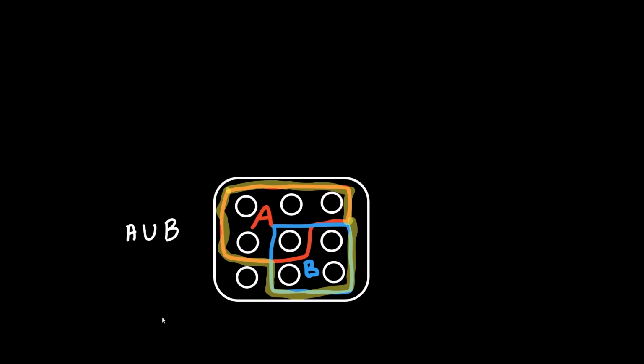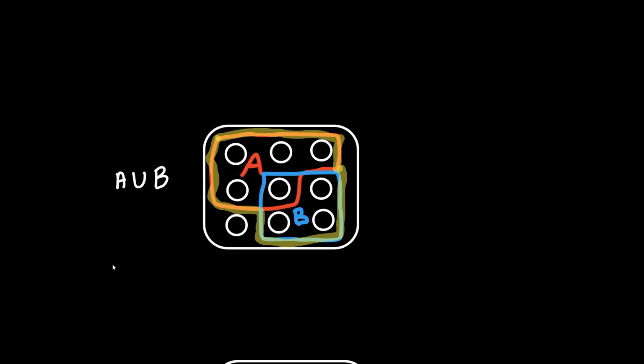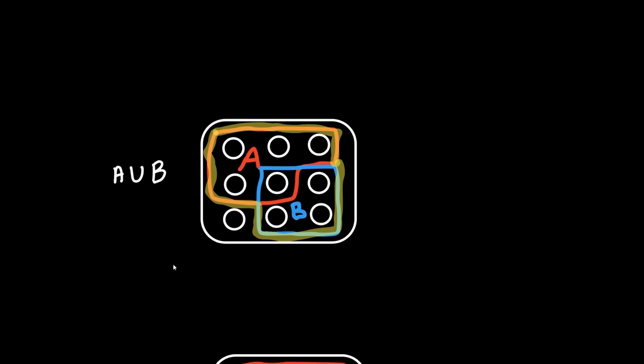We can also create more events from the event A and B subsets by performing set operations on them. The first type of operation is called the union operation. It combines two subsets or events.